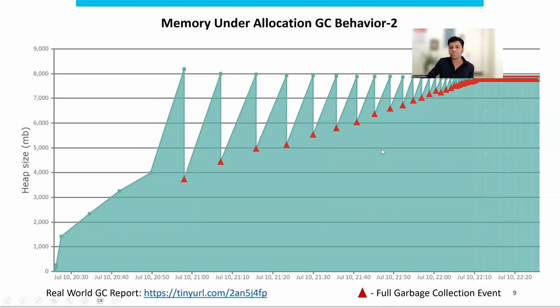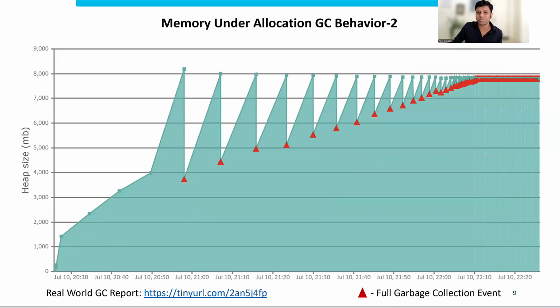Pattern number two is how it's going to look. You can see the requests are coming, the memory is building up. And here you can see the red triangles. There are full garbage collections. They keep on running, and the memory is not dropping. Friends, when this kind of pattern occurs, there are two possibilities.